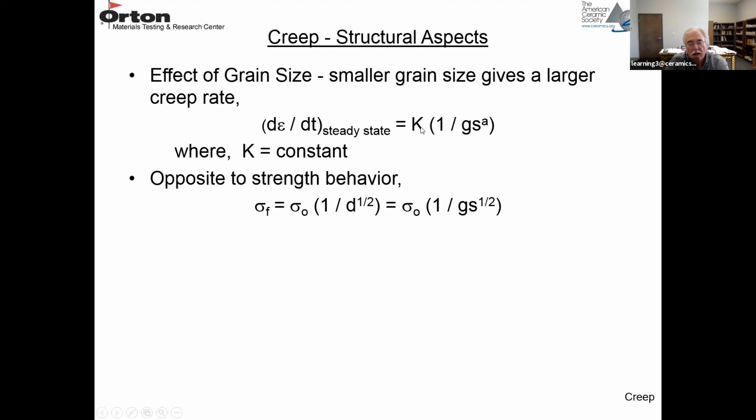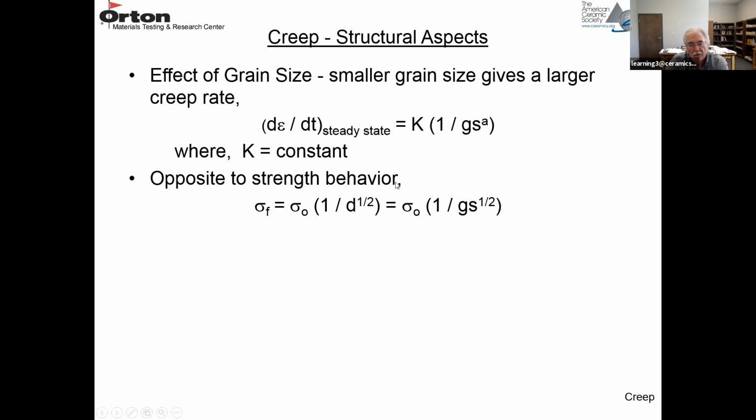And again, K is the constant incorporating the stress and the temperature right now. So the bigger the grain size, the smaller the creep rate. Large grains give low creep rates. The diffusion distances become larger, so you decrease the strain rate. So ideally, if you want a material that's creep resistant, you want to go with bigger grains.